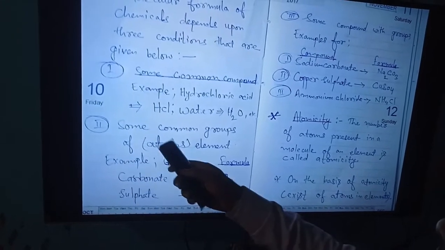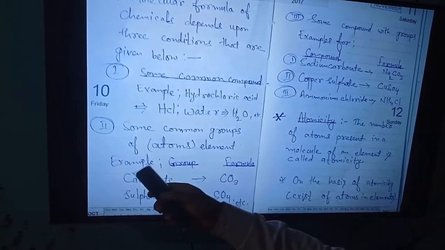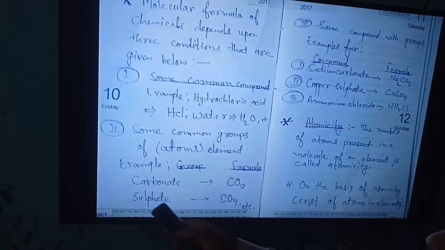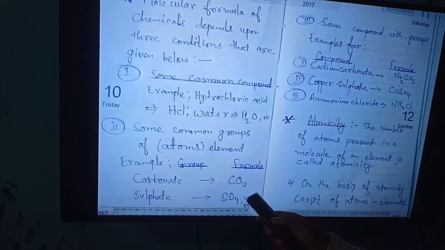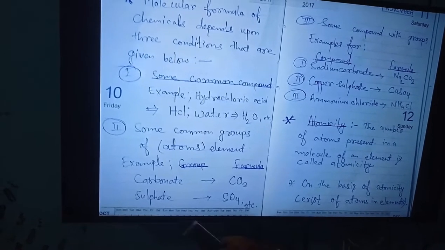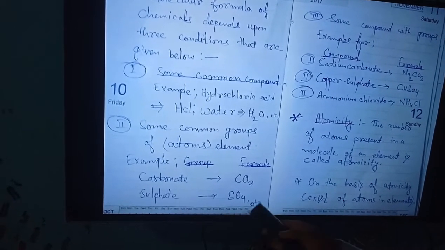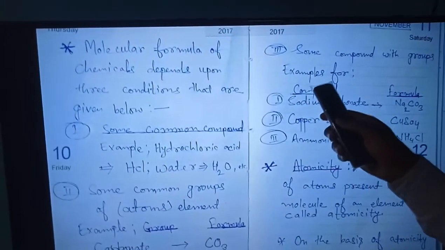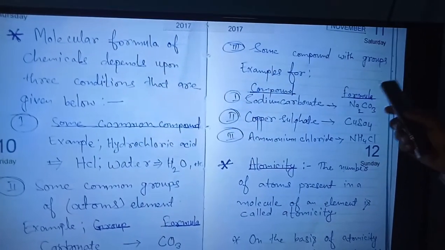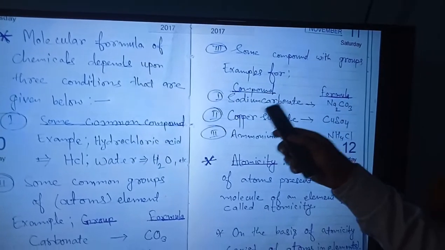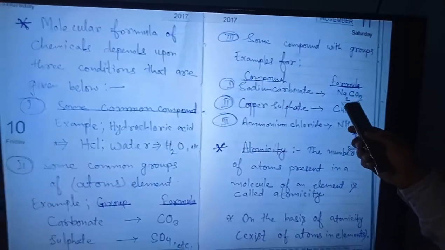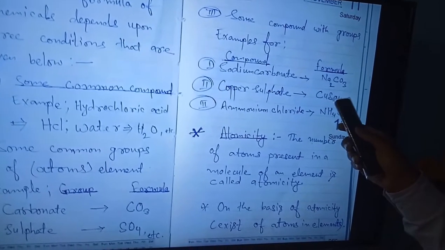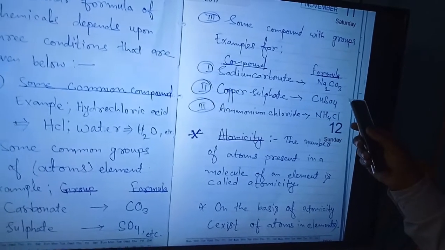Second, some common groups of atoms or elements. Example: the group carbonate, formula CO3, sulfate, SO4, etc. Third, some compounds with groups. Example: sodium carbonate, molecular formula Na2CO3.